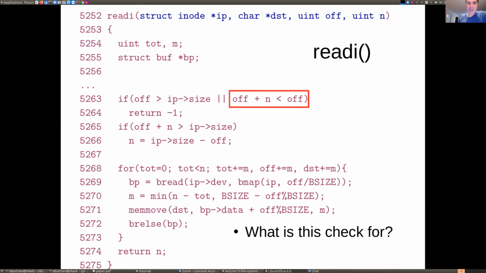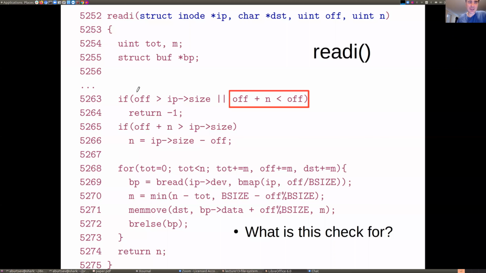So first of all, you do a check here. What are you checking here? Who can tell me? It's an offset within a file plus n. Is it to check whether it's within this block or something like that? It does two checks.